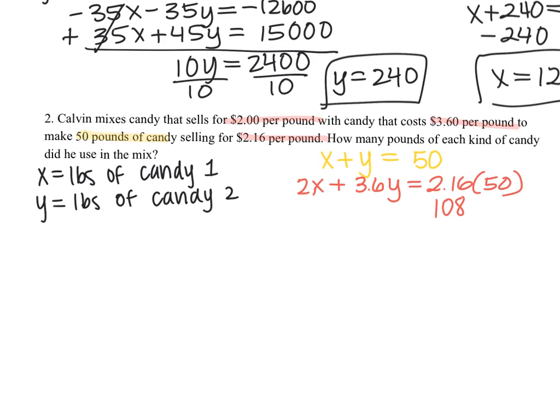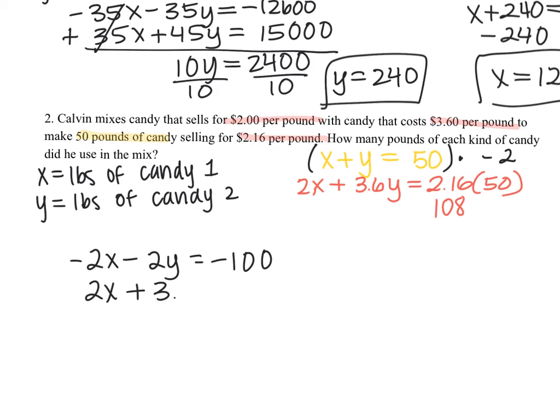So again, now I have a choice, substitution or elimination, mainly because I don't like decimals. I don't want to use substitution here because of the decimals. So again, I'm going to use elimination, and I'm going to multiply this first equation by -2 to eliminate x. So we're going to have -2x minus 2y equals -100. And our second equation is going to stay 2x plus 3.6y equals 108.